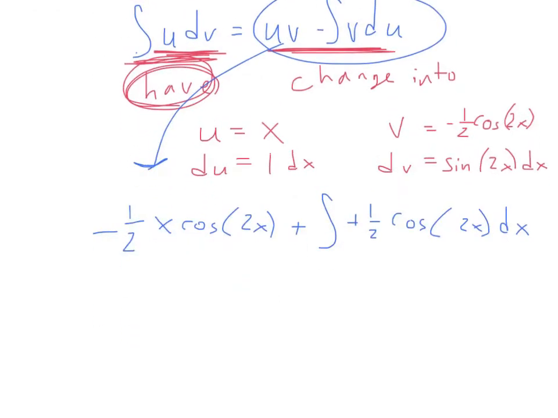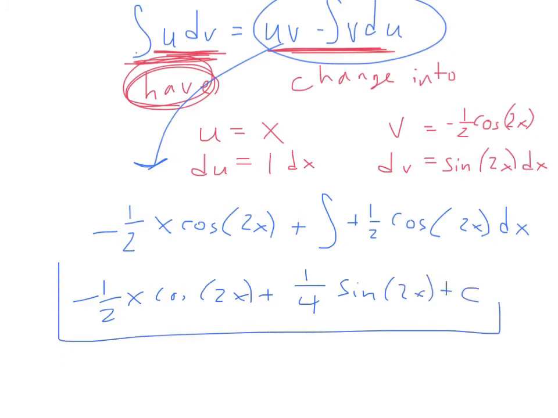All I have to do now is do this antiderivative. I've got negative 1/2 x cosine 2x. The integral of 1/2 cosine 2x is going to be 1/4 sine 2x plus c. So there it is. That's integration by parts. That's how it works. It definitely gets quicker as you get the hang of it, so don't give up right away.